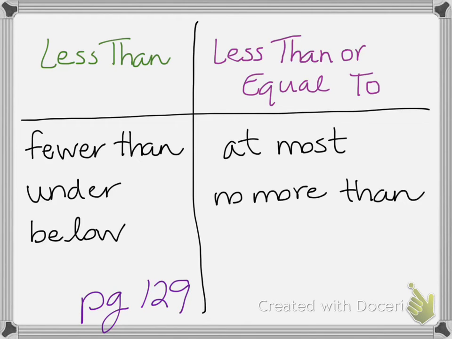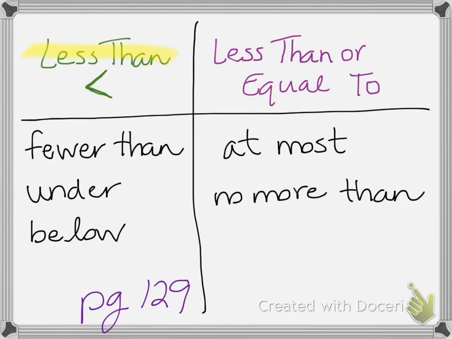Okay, so you've got some key words here. If we're talking about less than, some key words for less than. Actually, let me ask you this. What is the symbol for less than? Less than goes this way, right? So key words for less than are fewer than, under, and below.